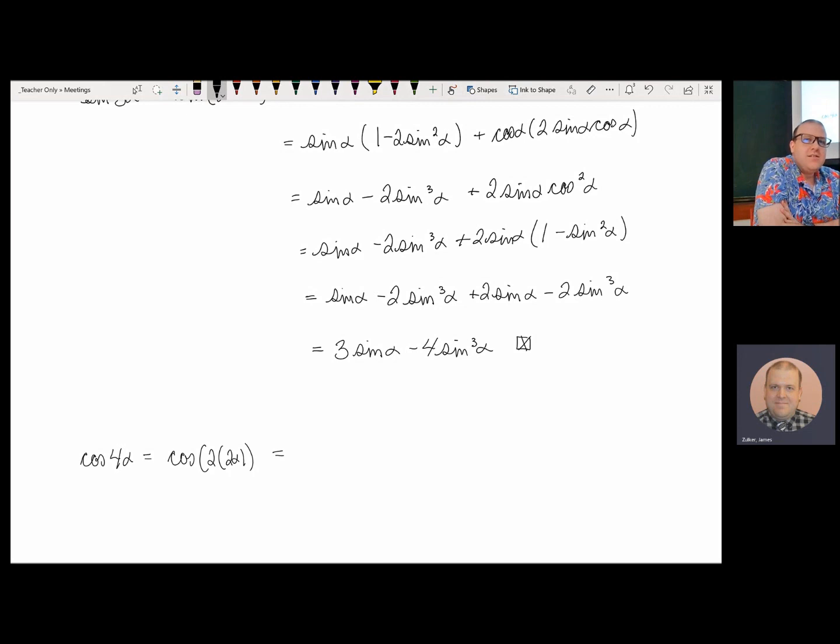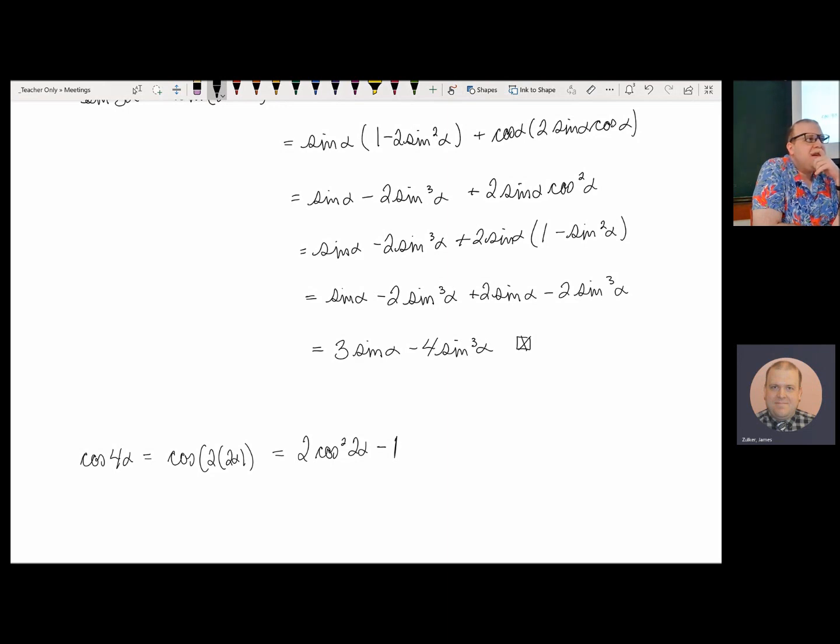We want only cosines, so I'll use the identity 2 cosine squared minus 1. That is still not good enough. We have to get rid of that 2 alpha.